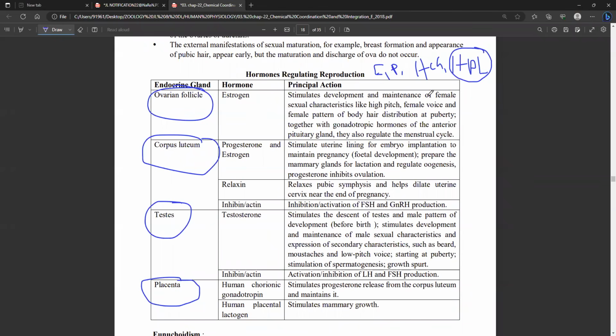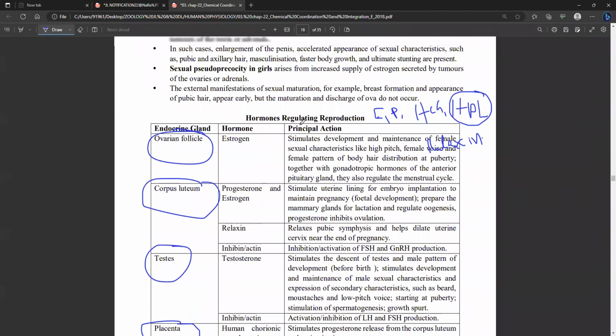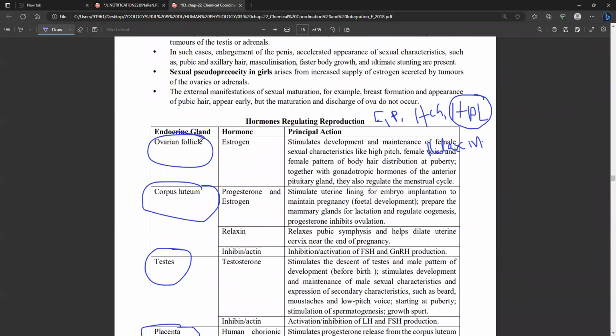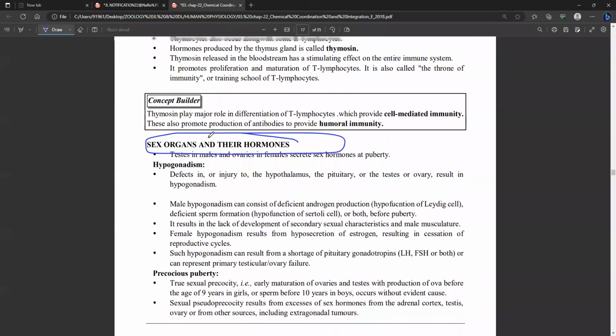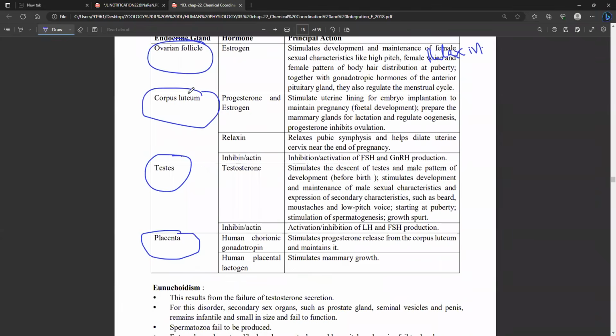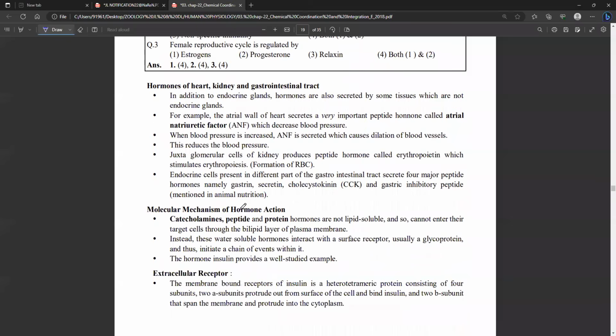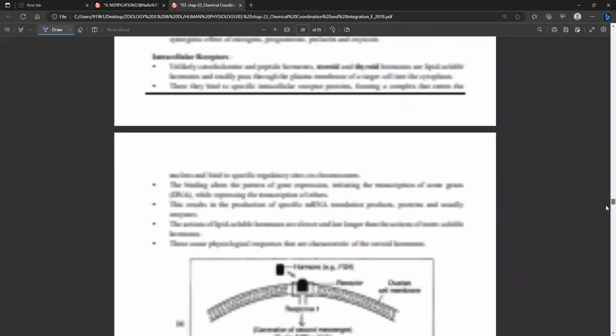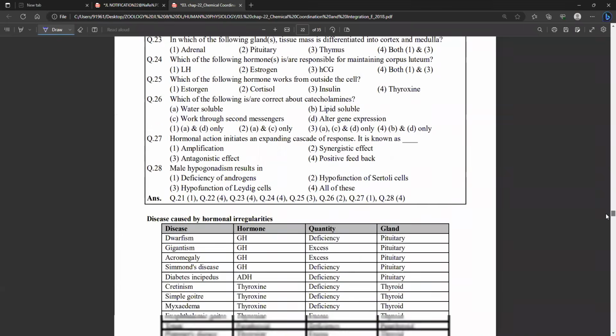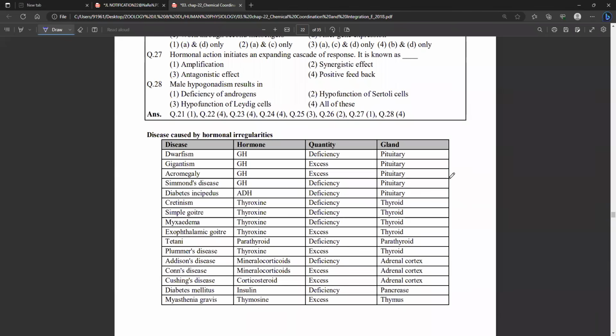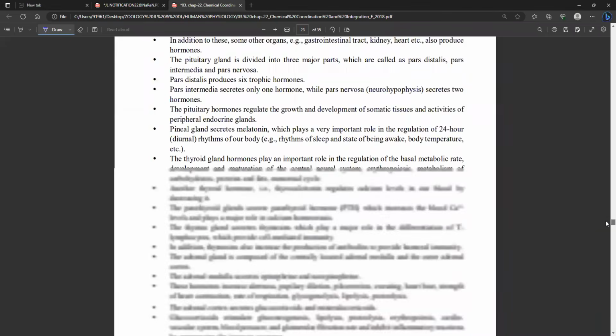I want you to remember relaxin. These 5 hormones are widely asked in the exam with respect to the sex organs and their hormones, followed by the diseases. This is what you have to remember in the endocrine system. Mechanism of action, everything I will explain in the PPT itself.